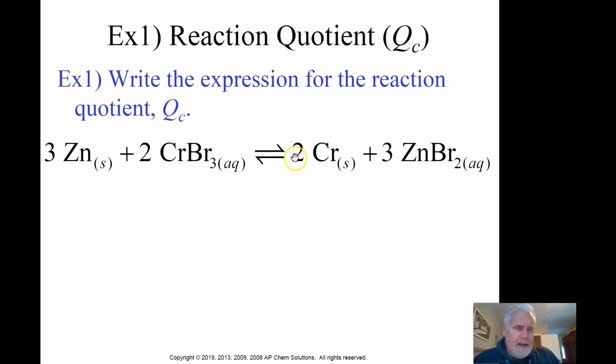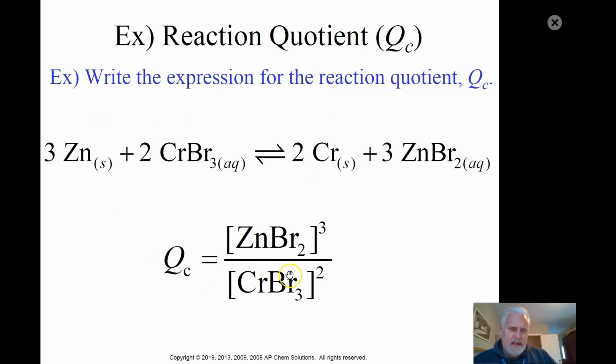So when you're writing the QC, you follow that same format, and so we just set it up. QC equals the products in brackets, raised to the third power, over the reactants, in this case there's just one of them, raised to the second power.